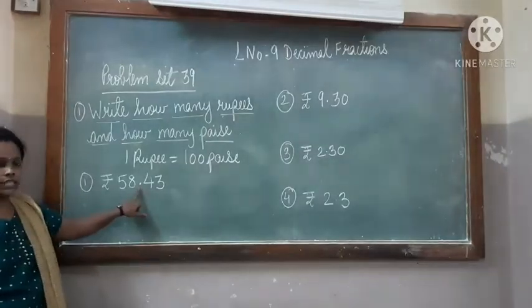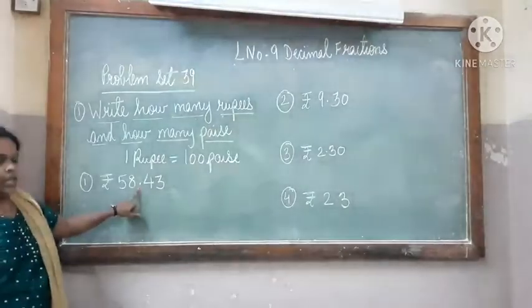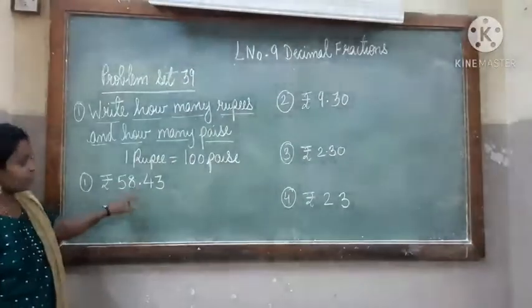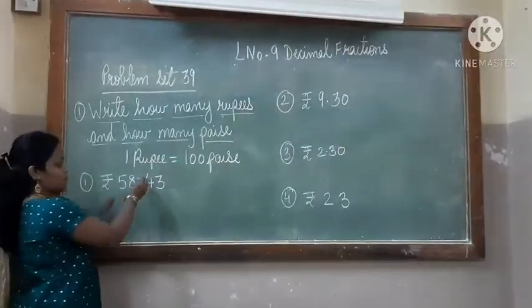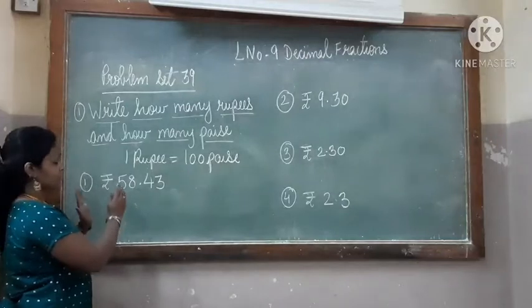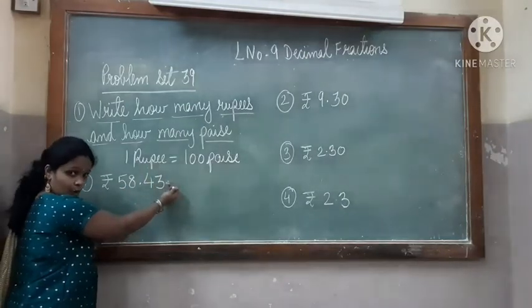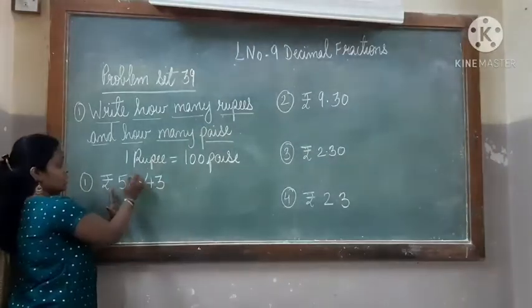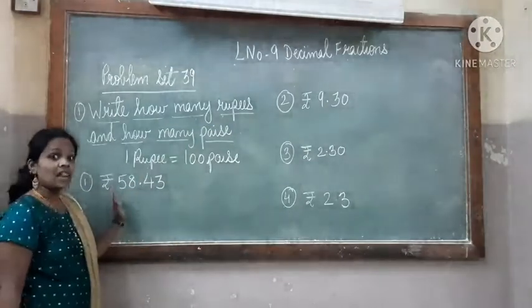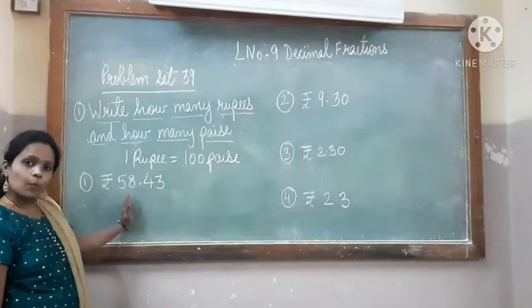First you are going to see the decimal point, and always keep in mind that the decimal point is given, this side number is at the right side of the decimal point, and these 2 digits are at the left side of the decimal point.